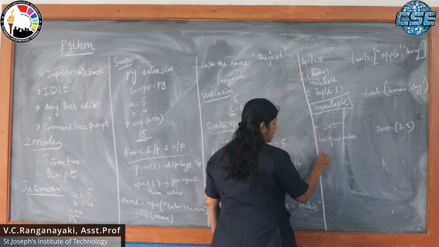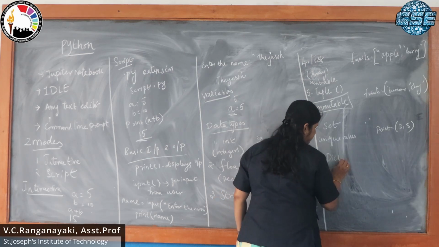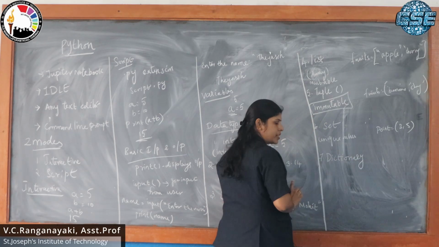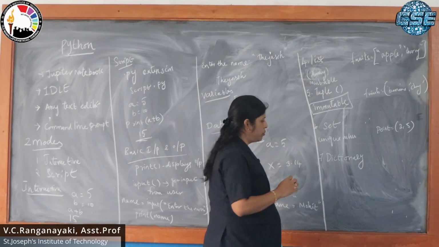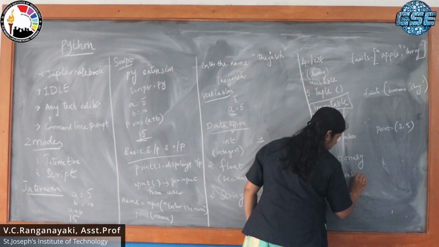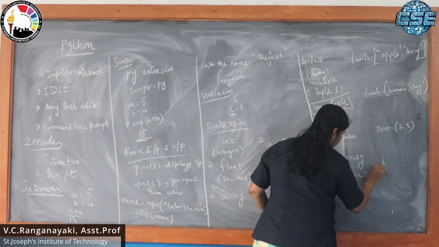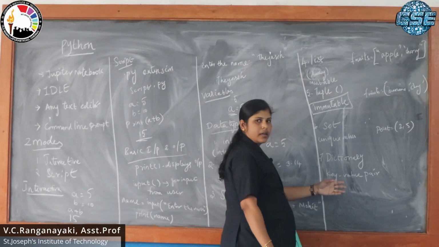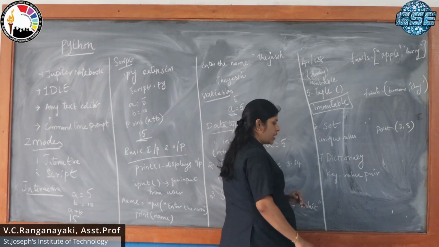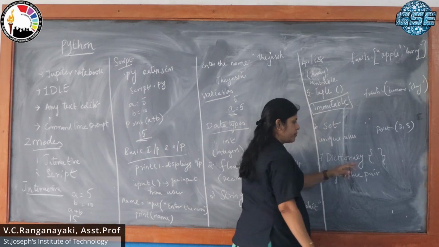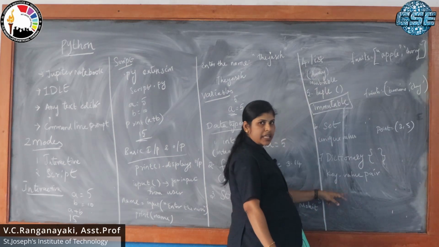Next type, the last one, is dictionary. Okay, in this dictionary, we are using key value pairs. With the help of key value pairs, I am defining the items, and it is defined by using curly brackets. With the help of this bracket, I am defining the dictionary.